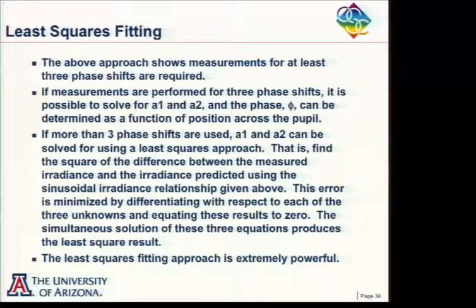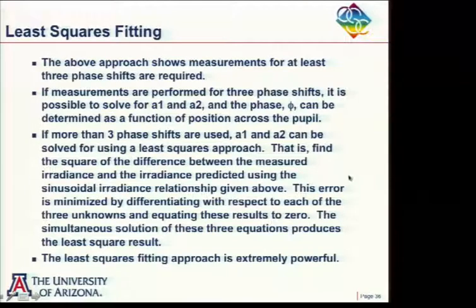And then we're going to take the derivative of each of these with respect to the three unknowns, equating these results to 0, and then we're going to end up with three equations that we can solve for A1 and A2 and A0 if we want.